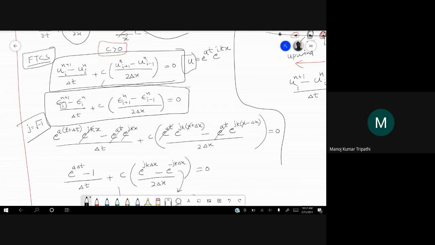Till now we have derived amplification or growth of epsilon, because we said epsilon is e raised to the power at, e raised to the power I kx, expressed as a Fourier series. But now you can also get the growth factor or amplification factor for U itself.